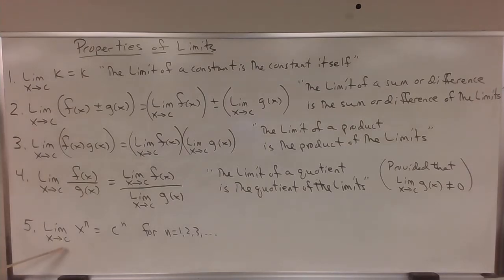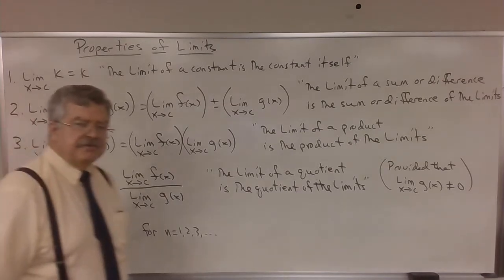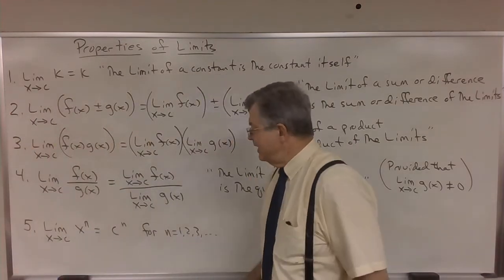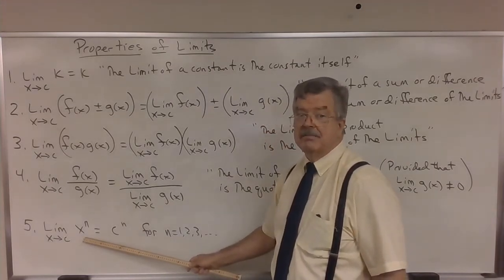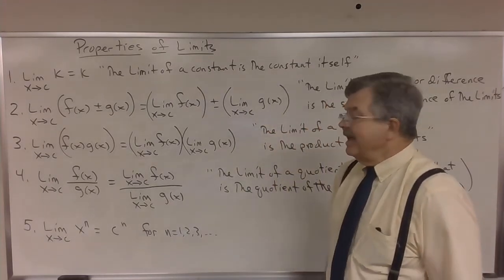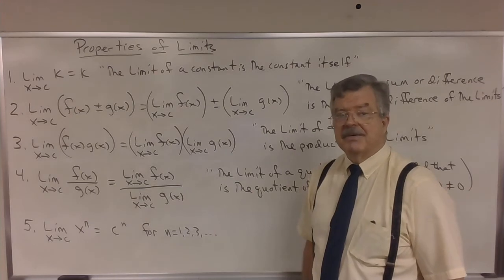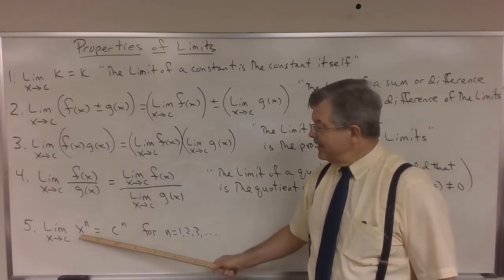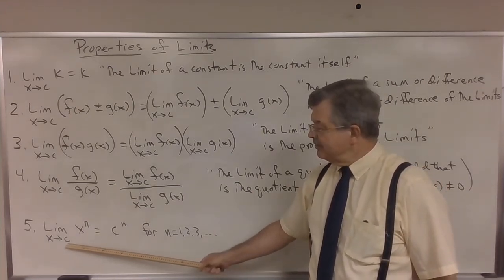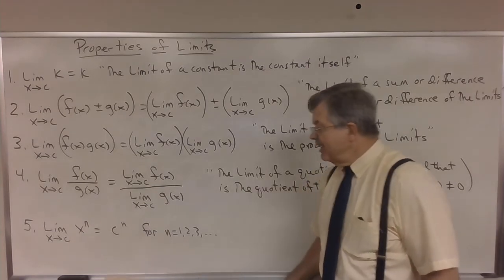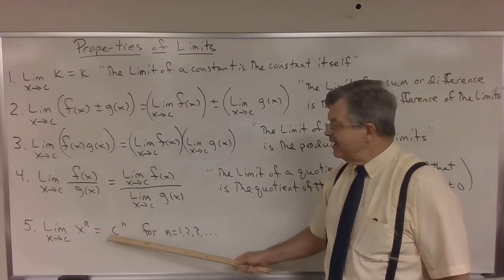And finally, the limit of x to the n is equal to x to the n evaluated at the number that x is approaching. And this is just a consequence of the fact that x to the n is a monomial. And monomials are continuous, which means that the limit of x to the n as x approaches c is equal to c to the n.